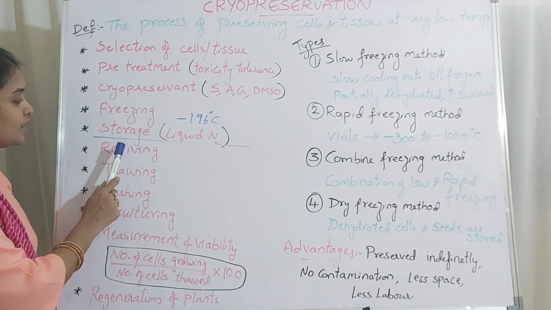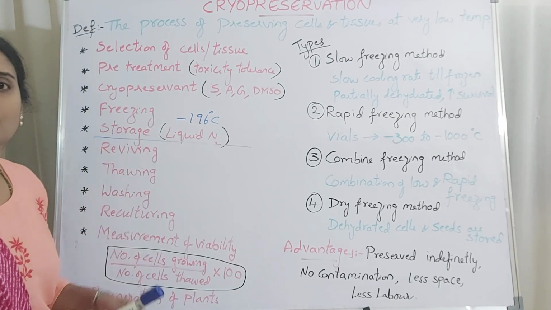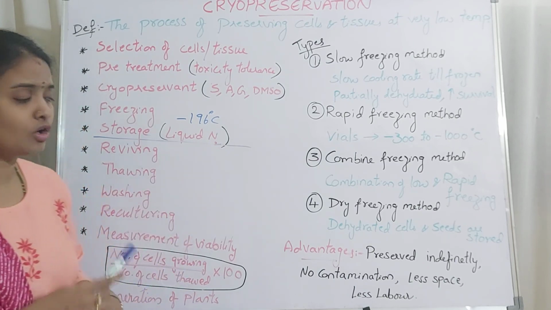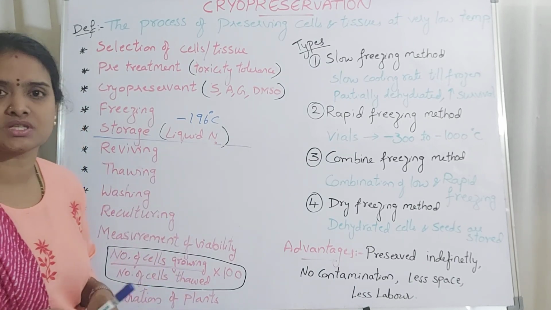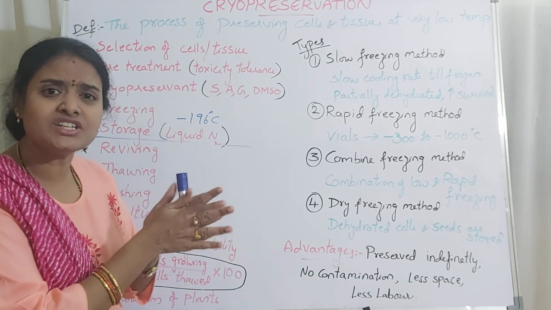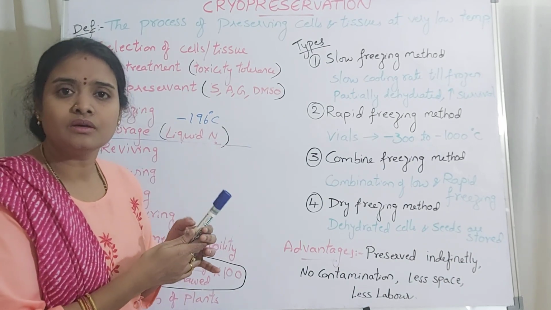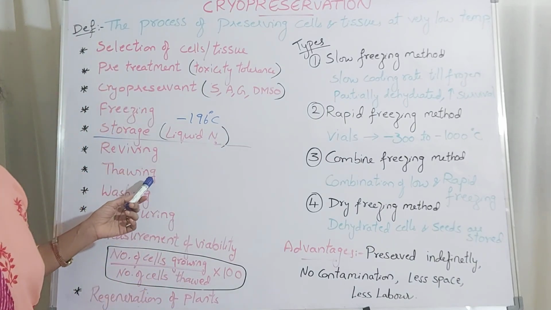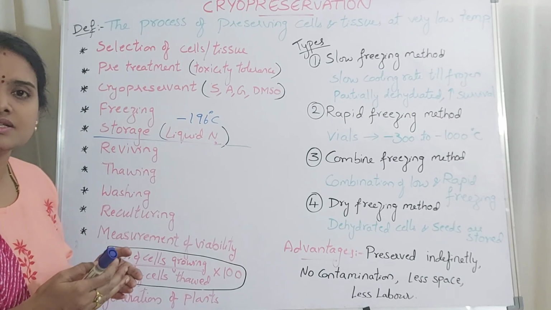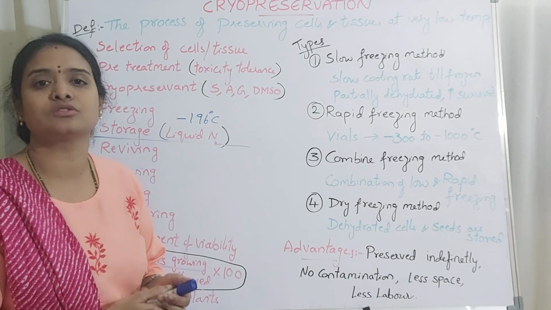Otherwise, you can either maintain them in warm water baths or you can thaw them. Thaw means it is simply a melting process. So you are going to place a vial and simply thaw them, so that the heat generated will revive them. Okay, the crystals will be melted and you get the cells with their enzymes in active condition.